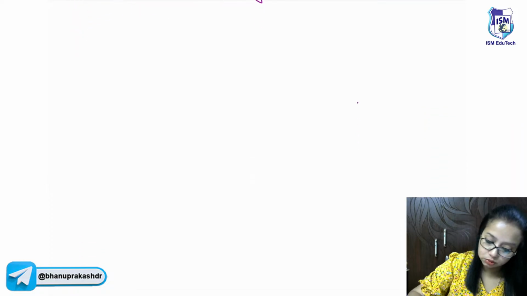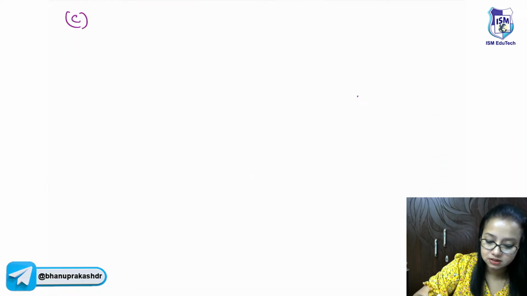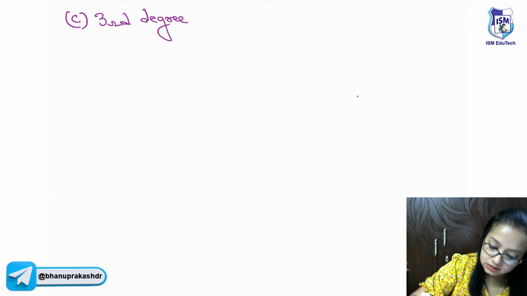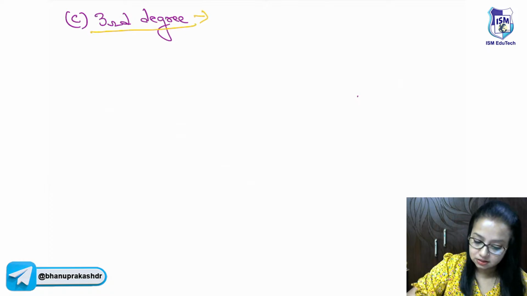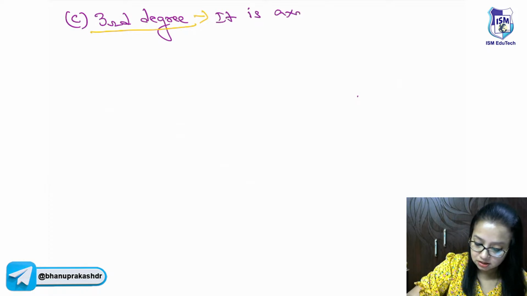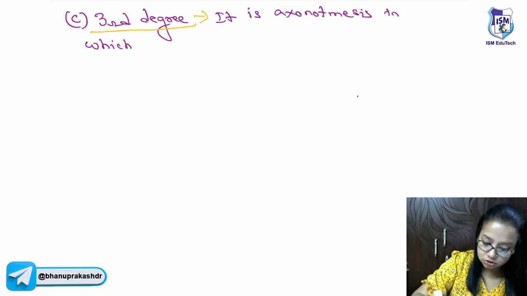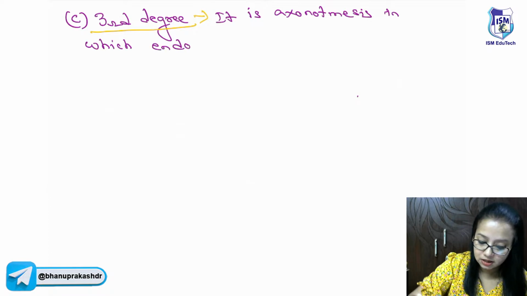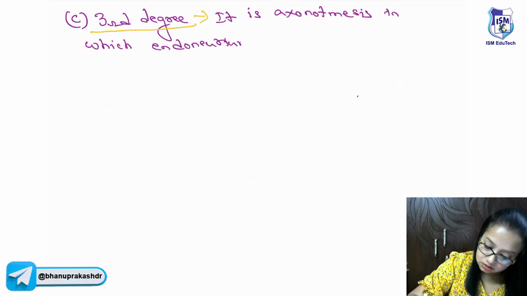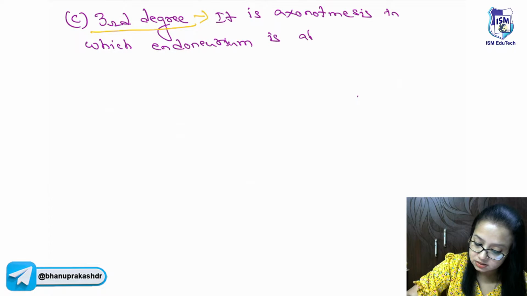The third one is the third degree. What is the third degree? It is axonotmasis in which the endoneurium is affected.